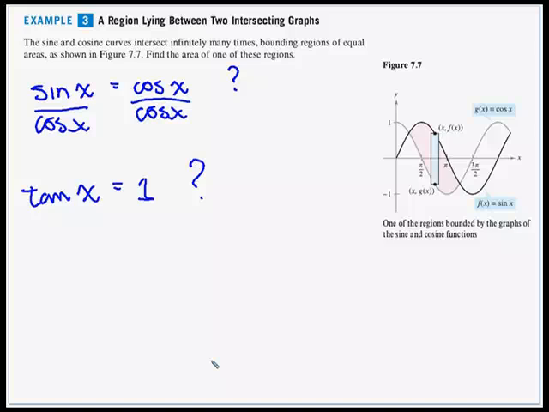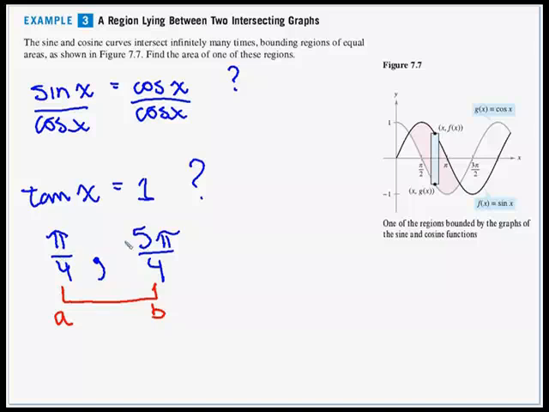If we look at our unit circle, we're going to have tangent of x equal to 1. That happens at 1/4 pi, and again at 5/4 pi. So this gives us our interval that we will be integrating across. This is sort of our A value, our lower limit, our B value, our upper limit.